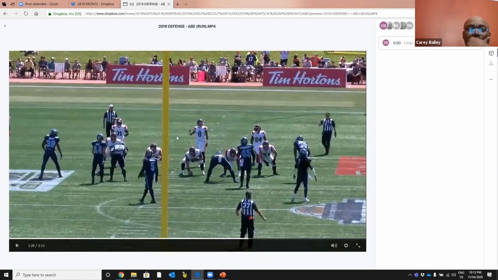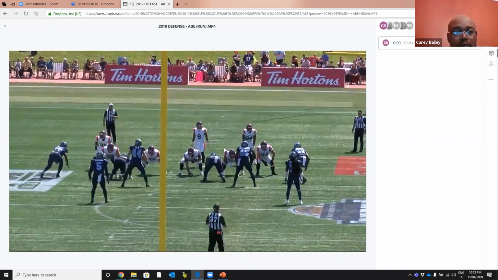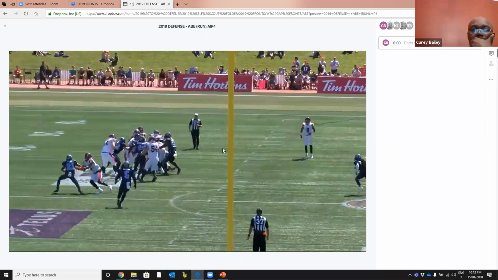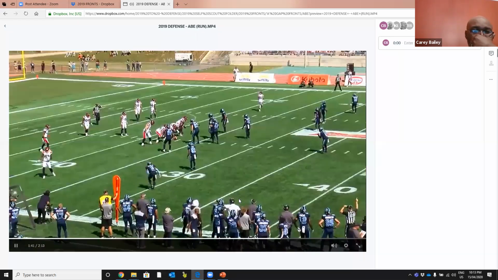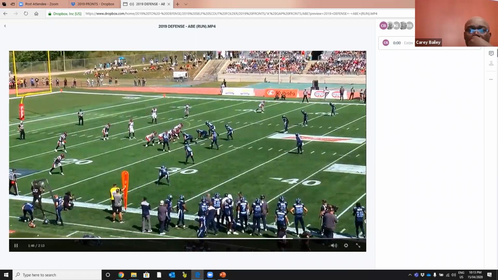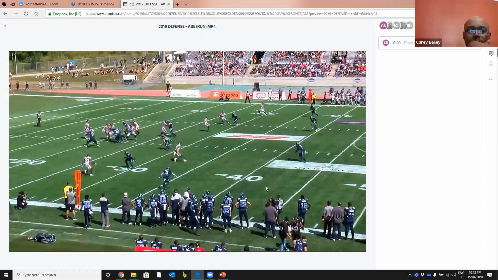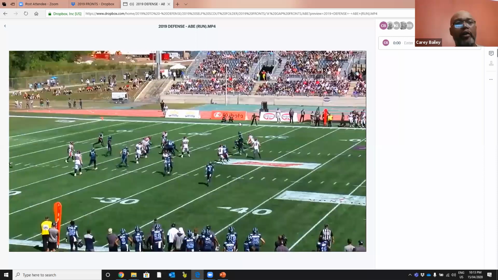Straight to flow. He's going. He's coming around. That's a quick pass. Okay, so that's one way to do an interior gap exchange.